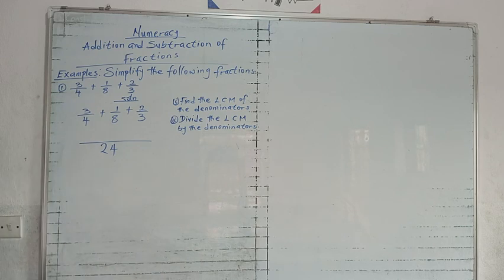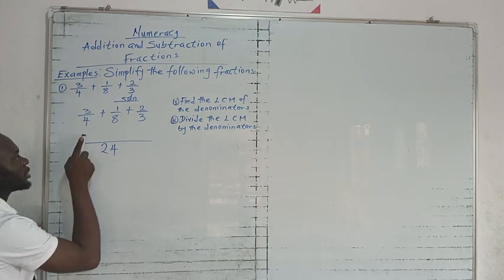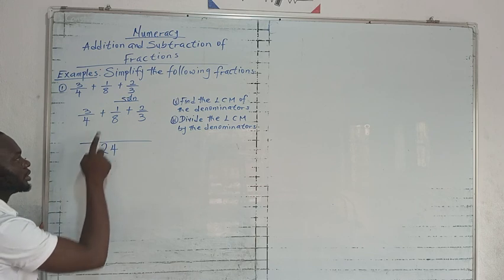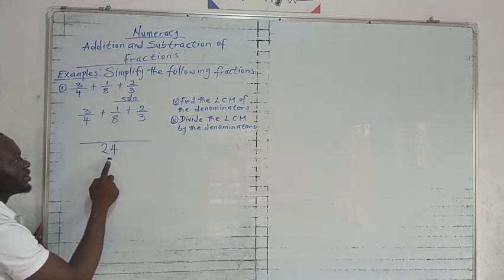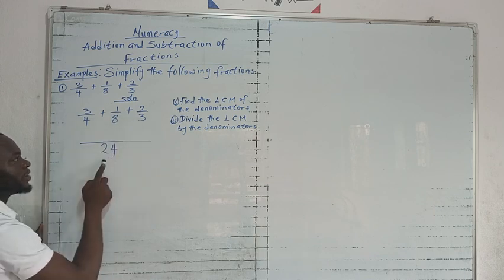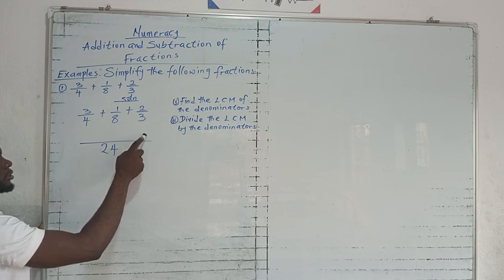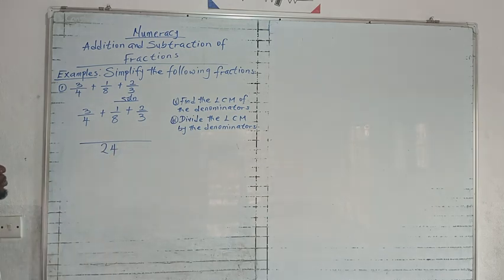What this means is that we will use 4 to divide 24, write our answer under the fraction, bring down our plus. Use 8 to divide 24, write our answer under the fraction, bring down our plus. Use 3 to divide 24, write our answer under the fraction.